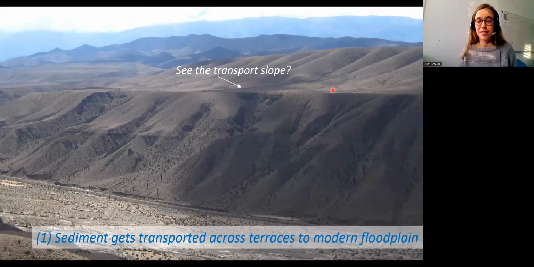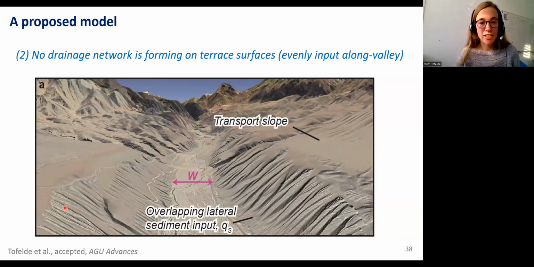They're very gentle. If you stand on these terrace surfaces, they look extremely flat, but it looks like sediment might actually be transported across these flat surfaces down to the next level and eventually down into the modern valley floor. It's the same site, just a photo from a different perspective.